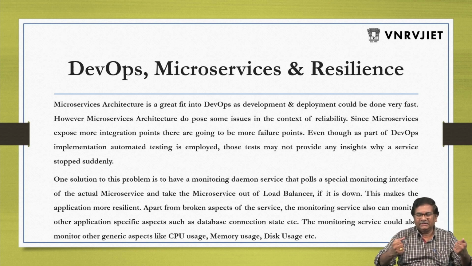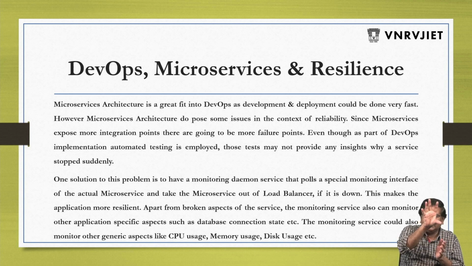Resilient means capable of withstanding attacks. Apart from the broken aspect of the service, the monitoring service can also monitor other application-specific aspects such as database connections, state, etc. So you don't need to confine it to just checking whether it is live. Is the database connection good? Is the socket connection good? Are configurations okay? All the dynamic pieces, are they working properly?